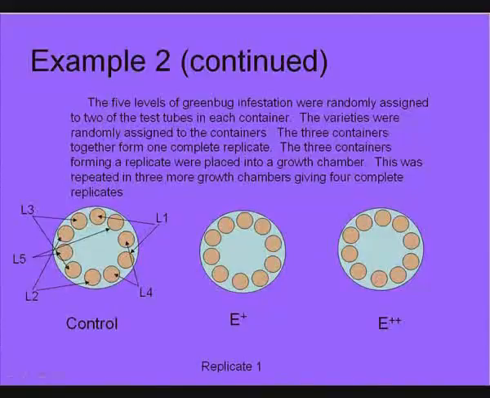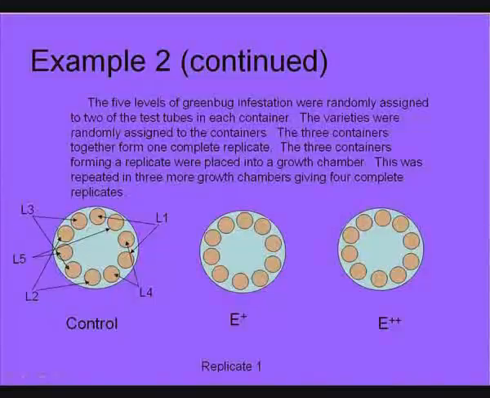And when he first came to me, this is the way he had the experiment designed. He was going to take one of his coffee cans, assign the control plants to it, another coffee can would get the E+ plants, and a third coffee can would get the E++. And then he was going to use two test tubes in each coffee can, give two of them the low level of infestation, two of them the medium or 10 level, two of them the 20 level, and so on.